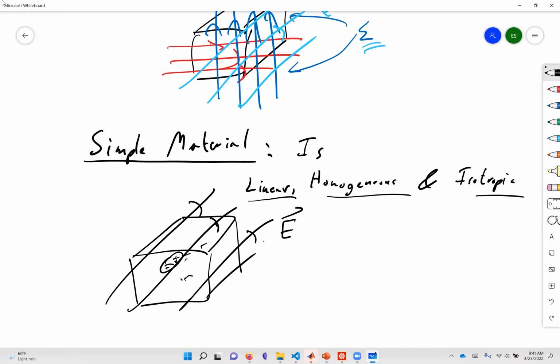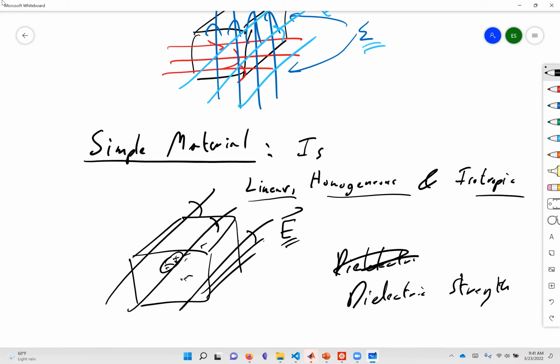When you reach such a state, the maximum field you can have is called the dielectric strength. Different materials have different dielectric strengths. Some materials can tolerate larger electric fields, and some don't tolerate a lot.